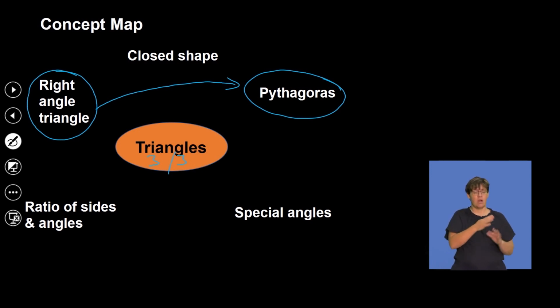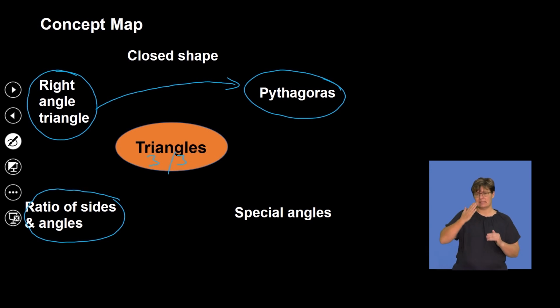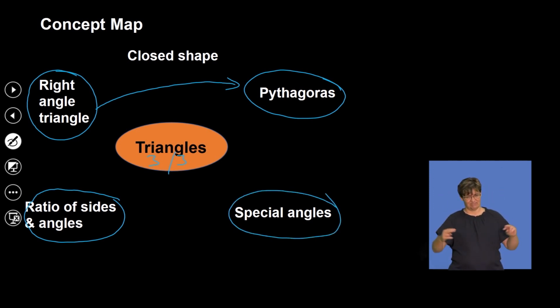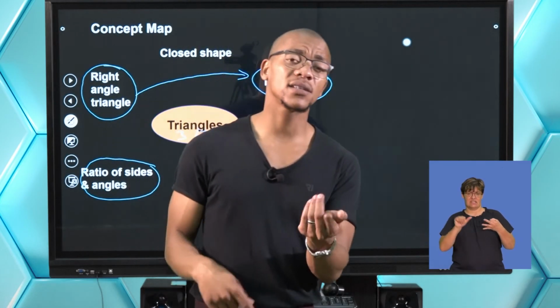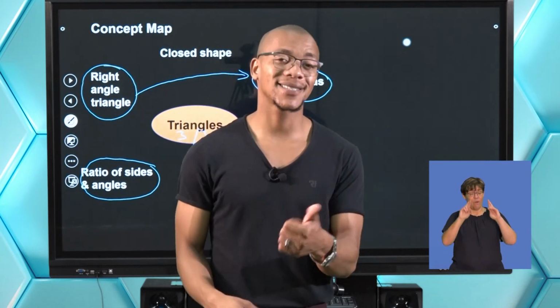Now, from there we can look at the concept of ratios of sides and angles, and the ratios, remember the 6 of them that we spoke about, the main 3 that we can find in our calculator, and the 3 that are reciprocals. And then the last thing was our special type of angles, which we call the special angles, and those are 30, 45, and 60 degrees.